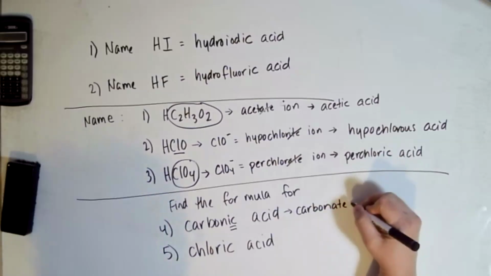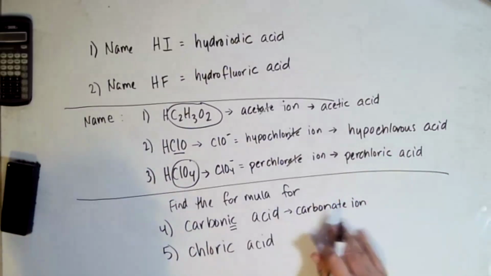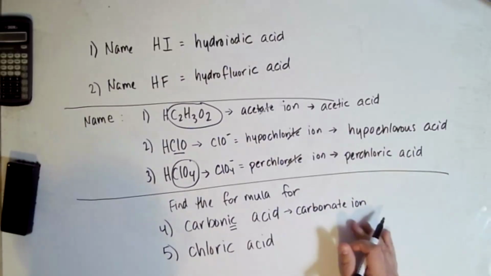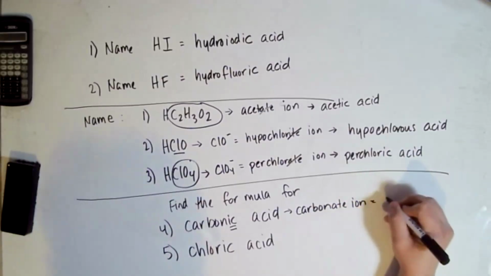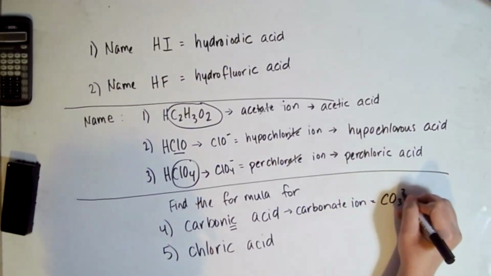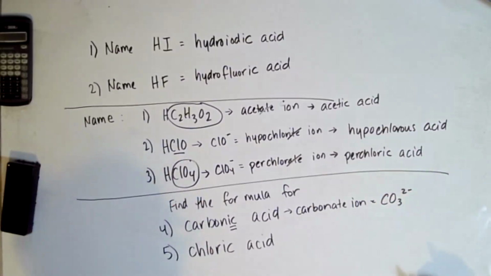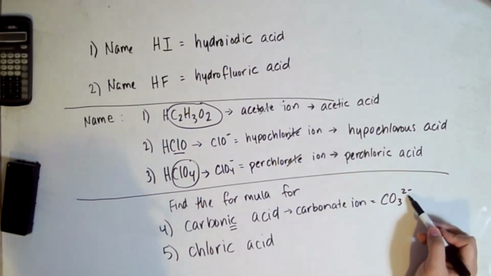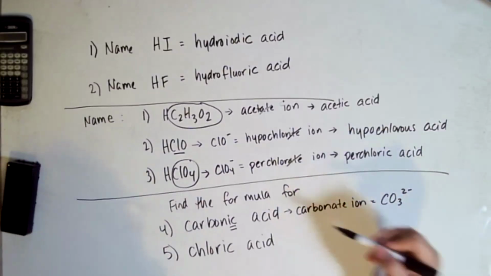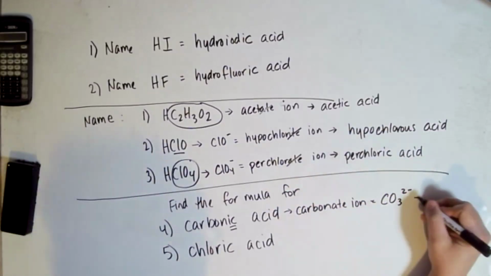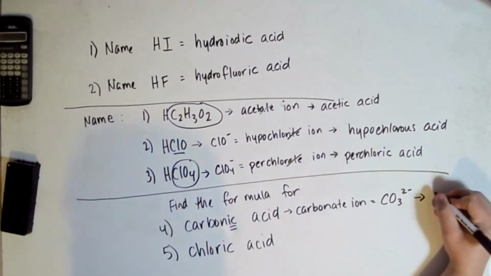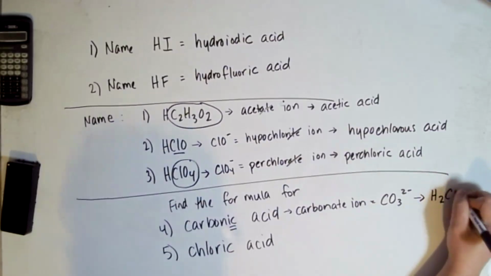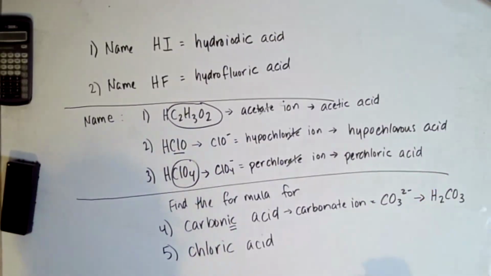So this is going to be the carbonate ion. And then once you write down the carbonate ion, it's going to be easy to find the formula. It's CO3 with a -2 charge. And once you see the formula for it, then you look at the charge, however many negative charges it has, that's how many hydrogens go in the front. So our formula for carbonic acid is going to be H2CO3.